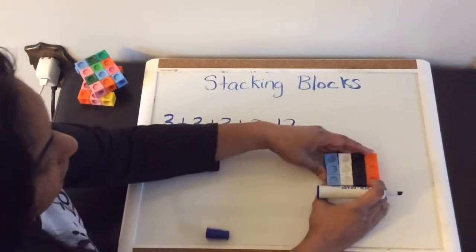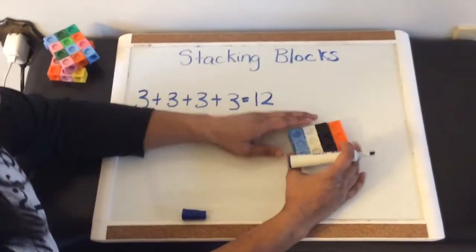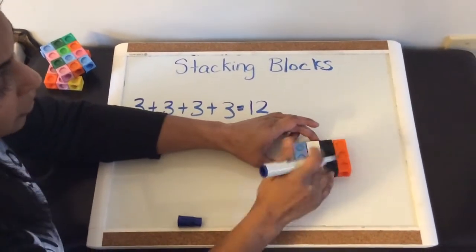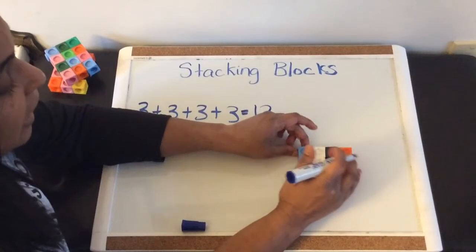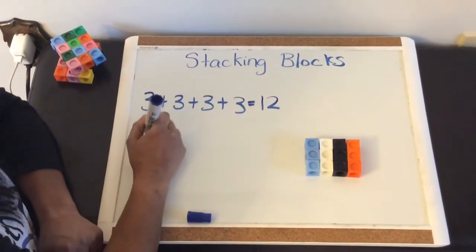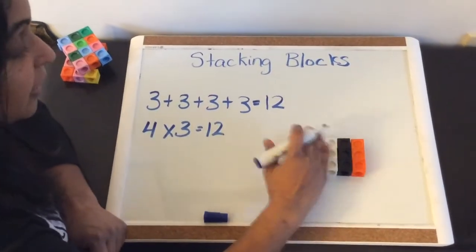Now, this one layer of squares should also remind you a little bit about area. So if I wanted to find out how many squares I needed for that whole thing, since it's only one layer, I could just do 4 times 3, which would be 12 here.